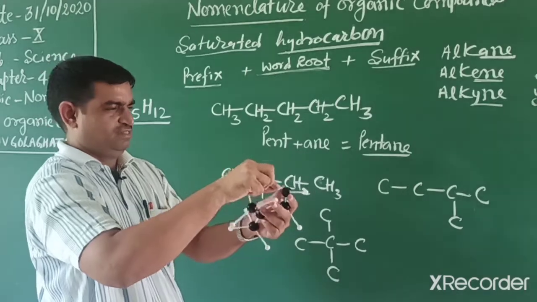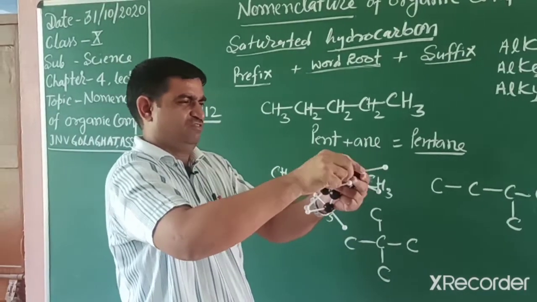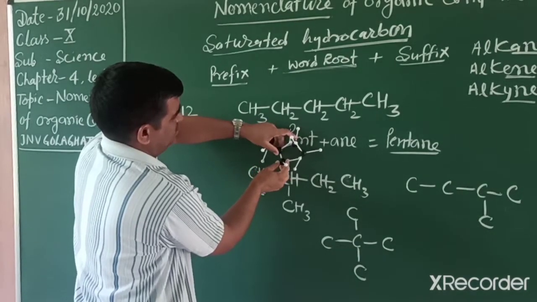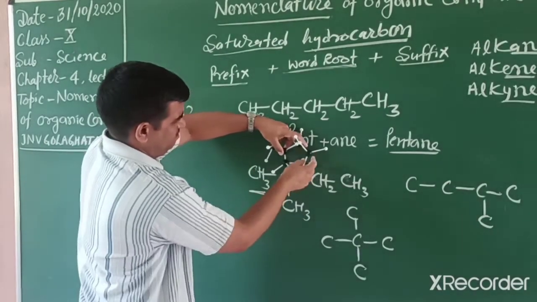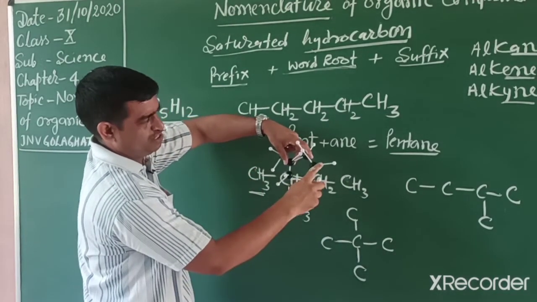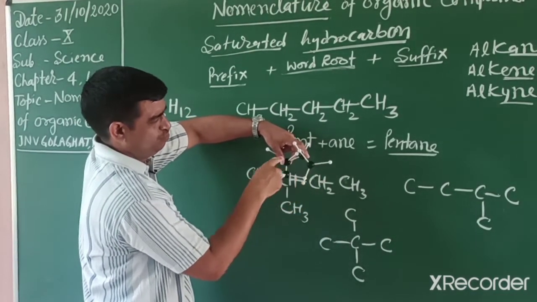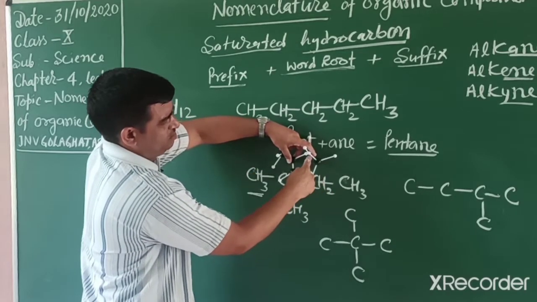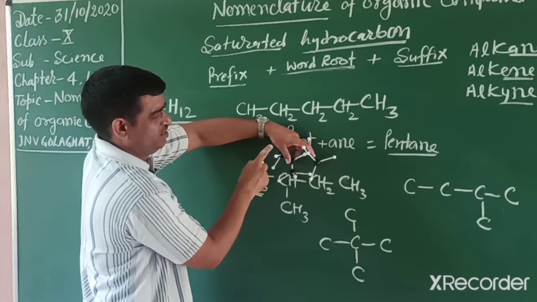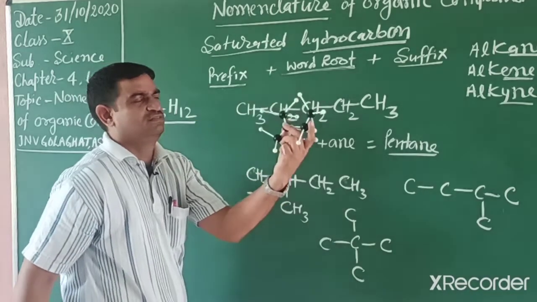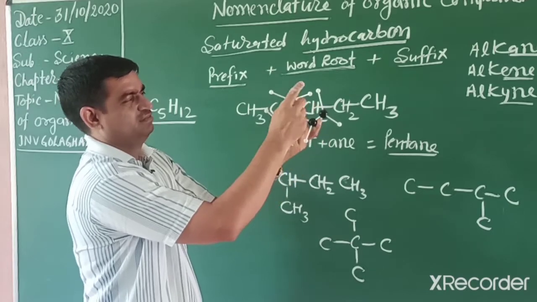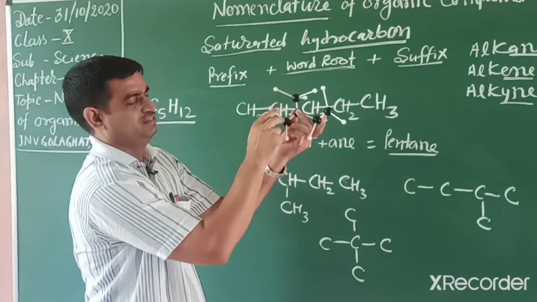So students, if we observe its bond line formula, then you can observe this carbon as a substituent. We have to start this side. 1, 2, 1, 2, 3, 4. Or if you start this side, 1, 2, 3, 4, like this. So there are 3 terminal points, and you can start from this one also.